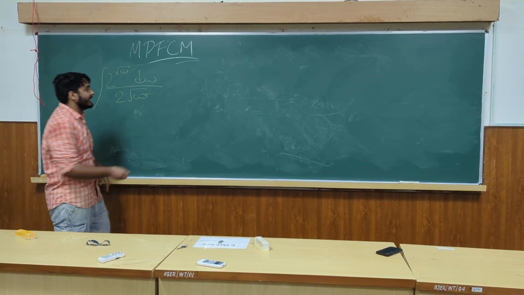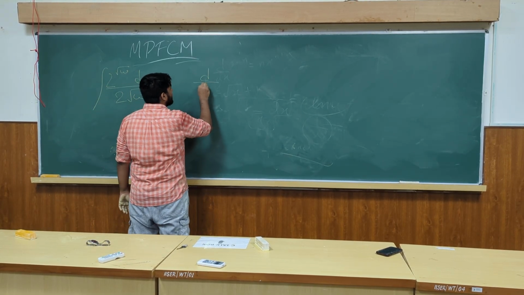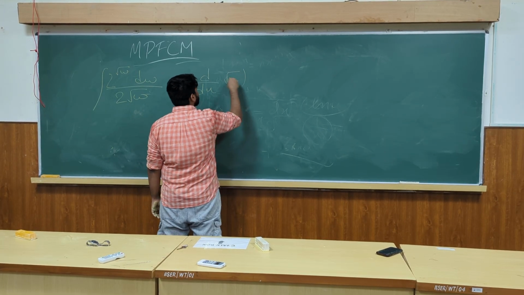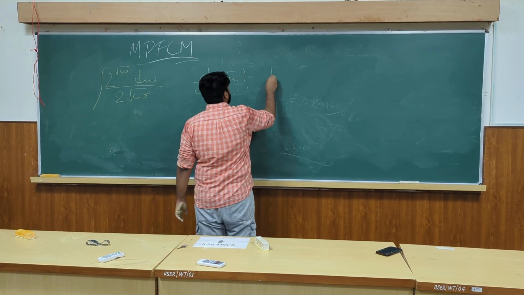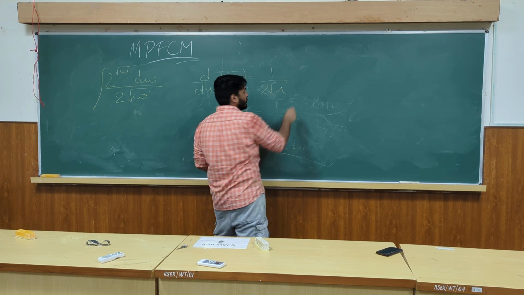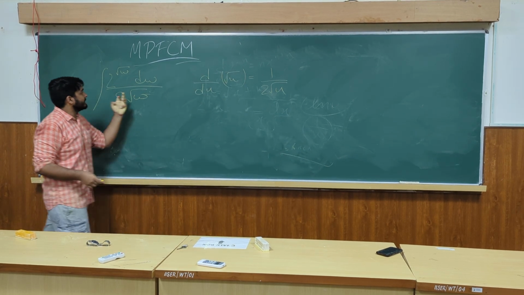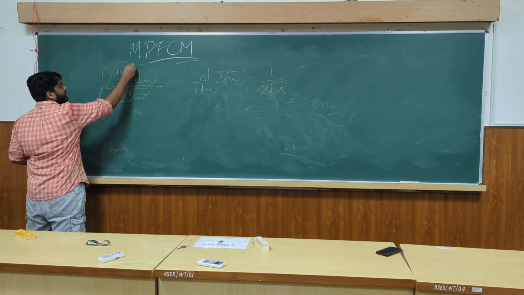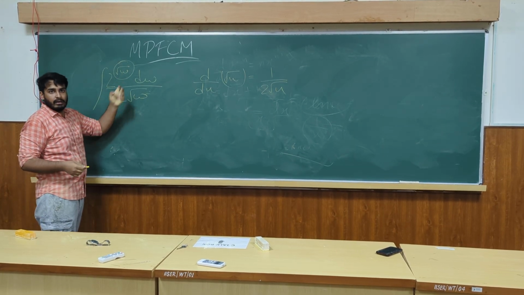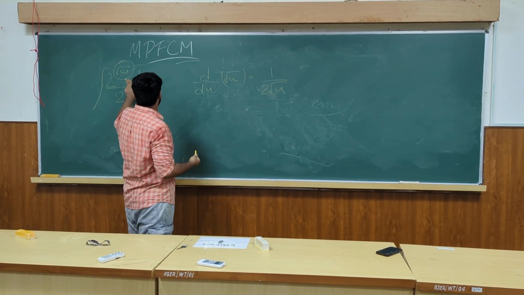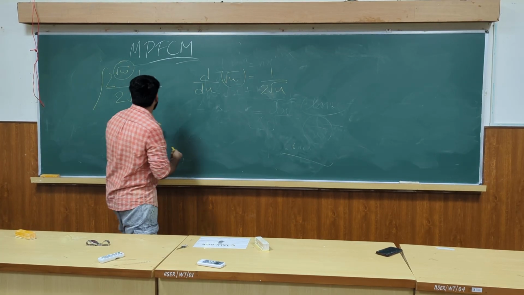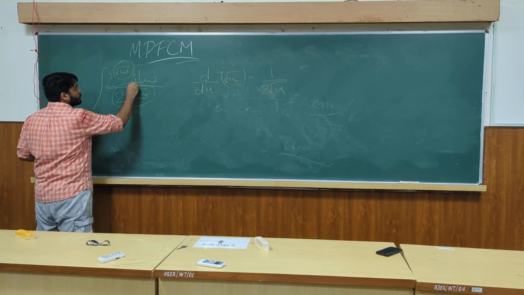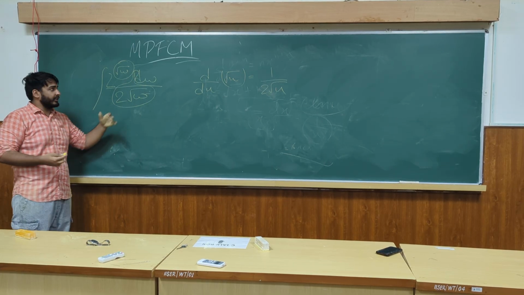So let us see. Like I said, we have d, whatever u, and when I consider under root u, I get 1 over 2 under root u. And I see that here. So when I consider this to be my function u, in some sense, the 1 over 2 under root w here I get for free.